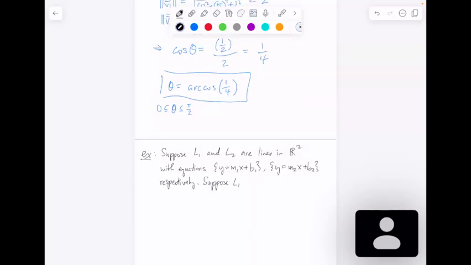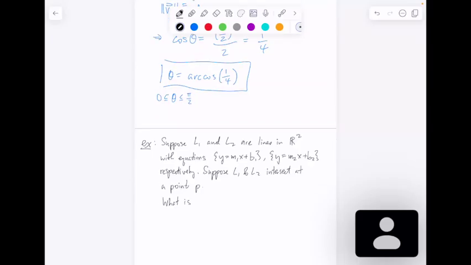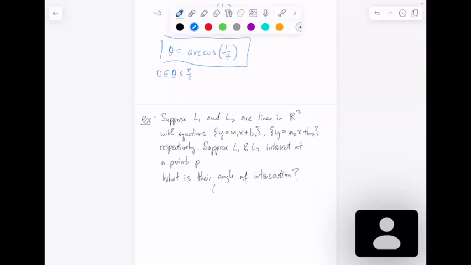Suppose L1 and L2 intersect at a point P. What is their angle of intersection? For any crossing, it's going to be an X, and you could measure the angle in 2 different ways. It could be the obtuse angle or the acute angle, and I'll leave that up to you. It doesn't really matter, either obtuse or acute.